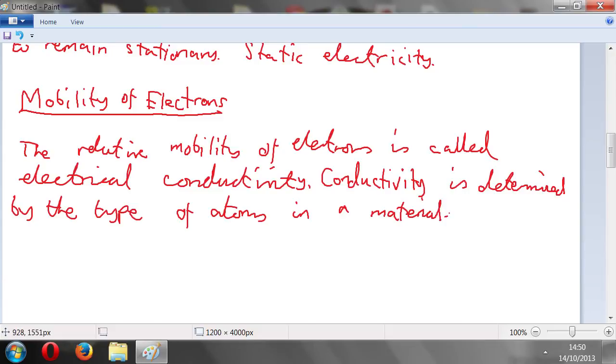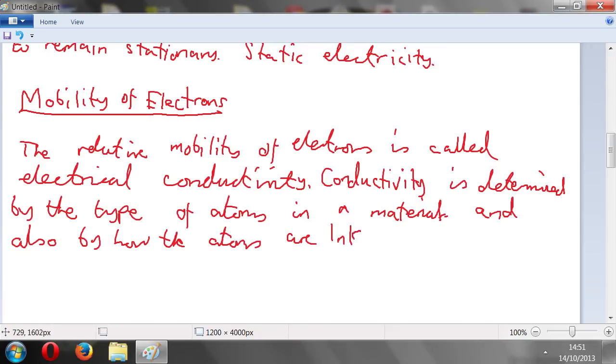Also by the Lewis structure. I think there are other structures as well, but I'm not going to go into that because that's chemistry. And also by how the atoms are linked together.